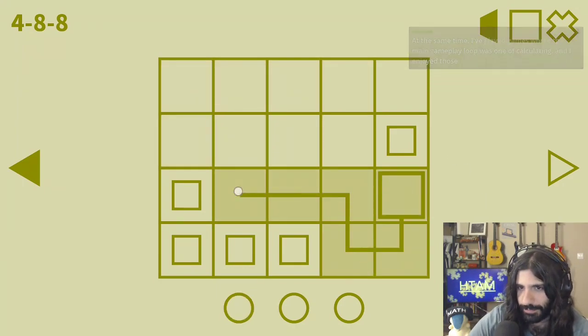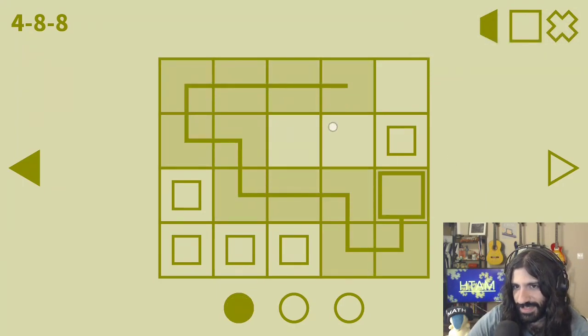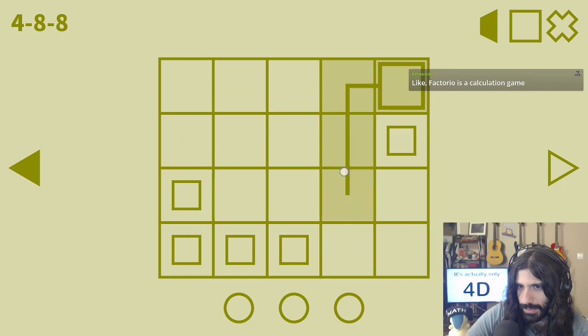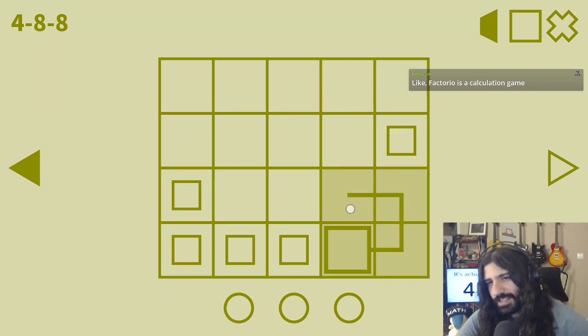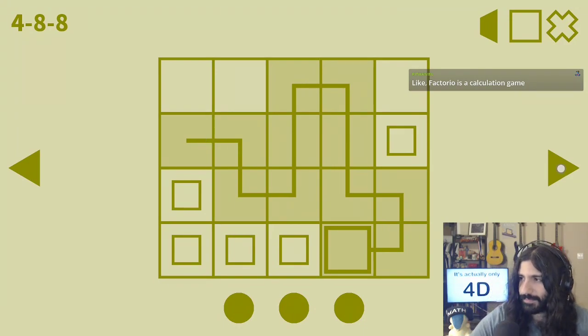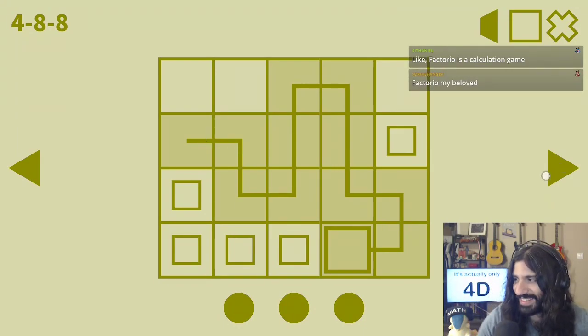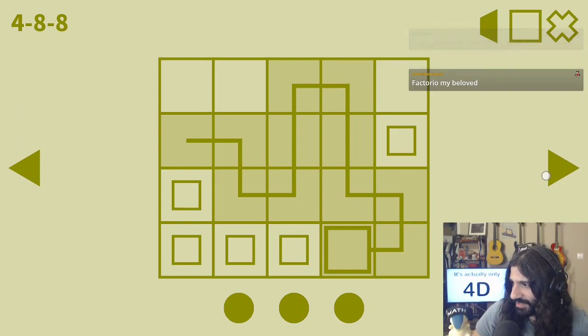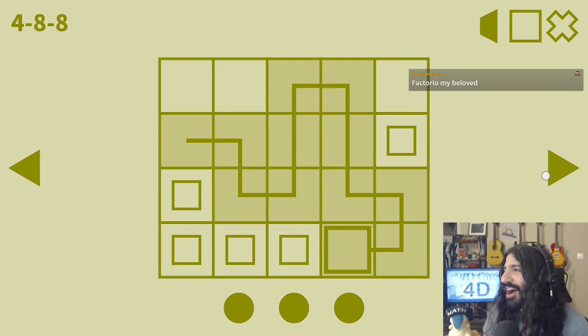So, like... Here it's rotated as well anyway, so... Okay, so what if we... See, here's the thing. It's like we can't... I did it. Like Factorio's a calculation game? I agree with you. Factorio, my beloved.